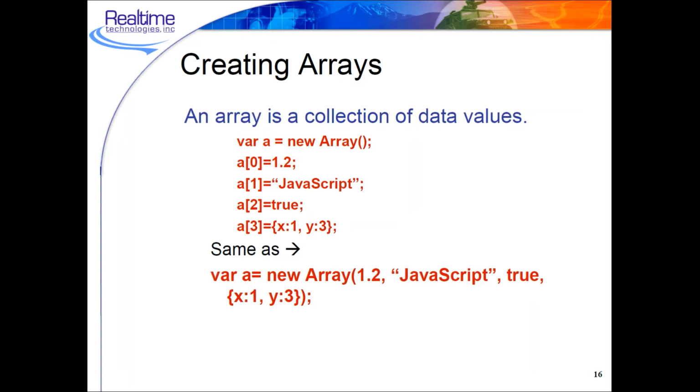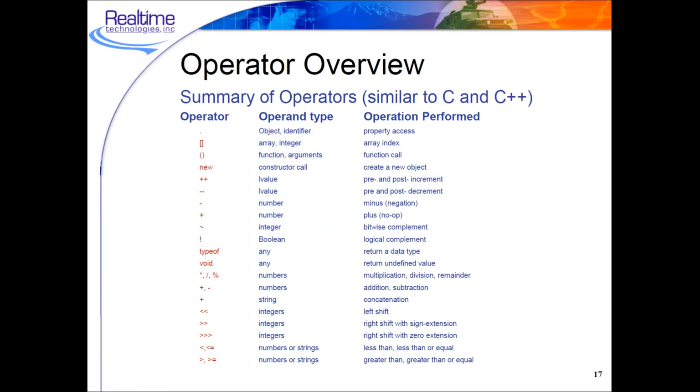In addition to that, these are operators. These operators are going to be similar to C++ and C. These operators allow you to put in conditions. So if you're looking for a specific condition, like if it's a Boolean, or if it's not true or false, you can use the exclamation.